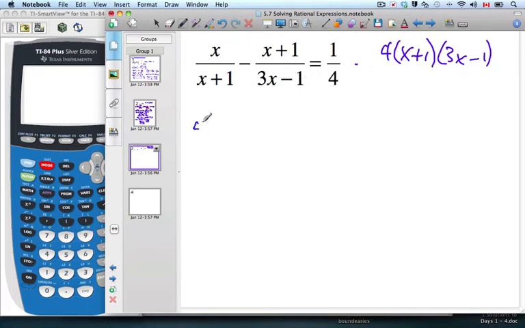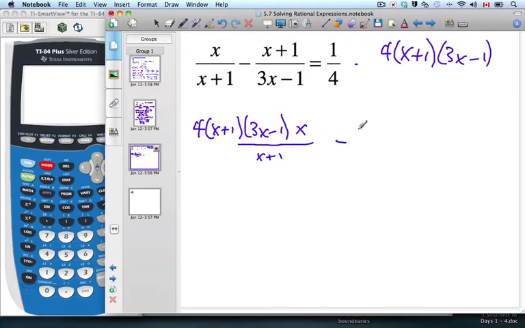So I'm going to multiply the first term by it: x plus 1, 3x minus 1 times x, and that is over x plus 1.